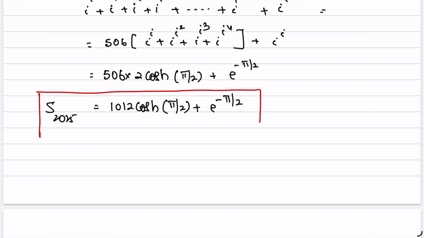The answer can be written like this if it is asked in the examination like this. Otherwise, you can even find out the value from your online calculator, and you can see that this is approximately equal to 2539.4965.